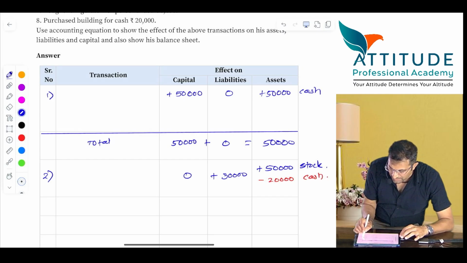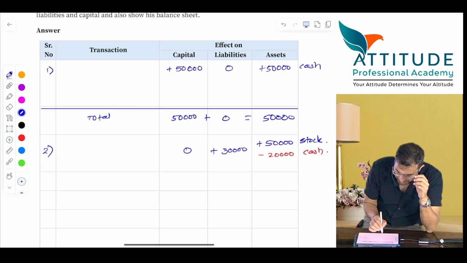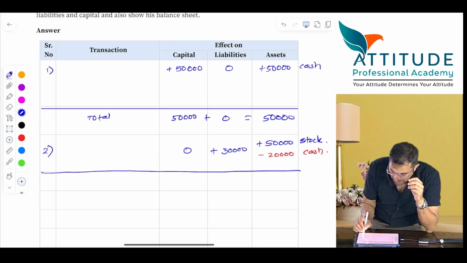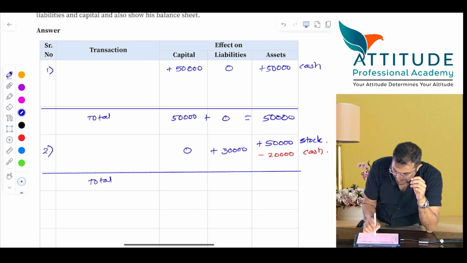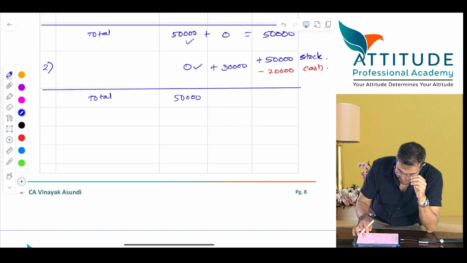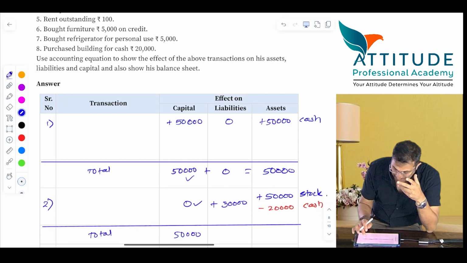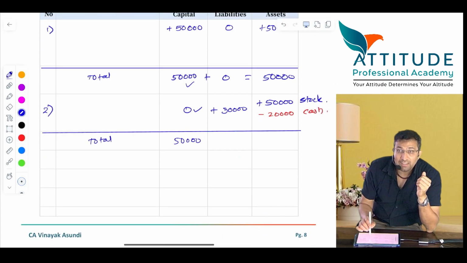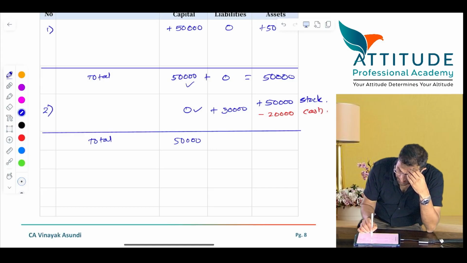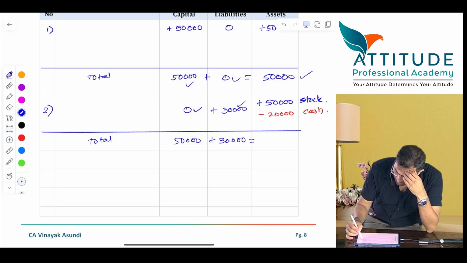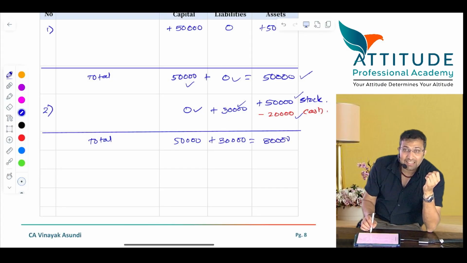Add it. कितना आता है देखो, टोटल करो. This should tally. 50 plus 0 is 50,000. Yes? Understood? Then here 0 plus 30 is 30,000, is equal to 50,000 plus 50,000 minus 20,000. Equation is holding good. Correct?